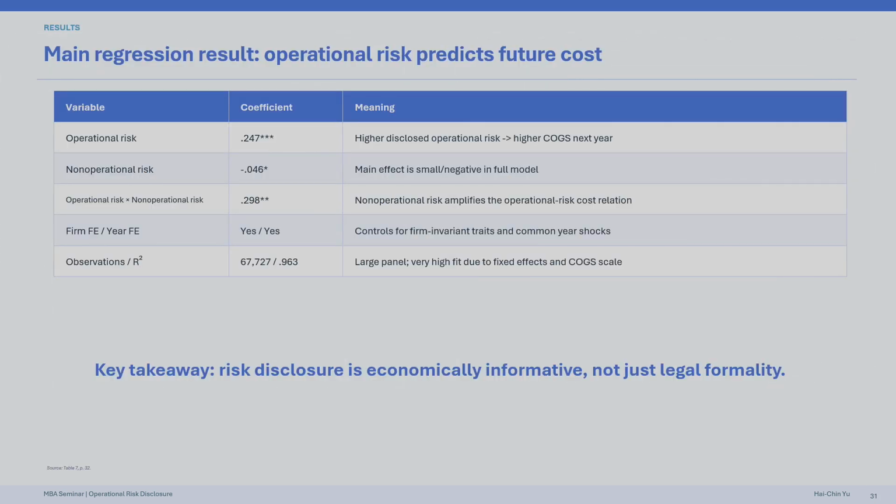Okay, so this is the result from the coefficient. They have a significant positive relation to operational cost. And even though this is negative, the interaction amplifies the impact largely, so the coefficient is even larger than 247.